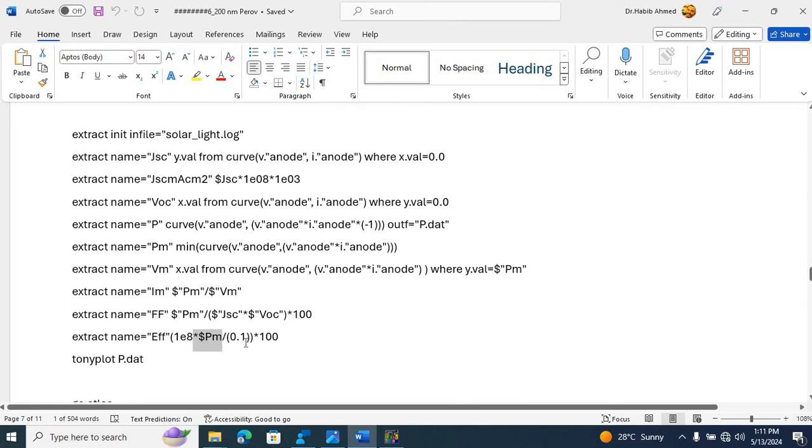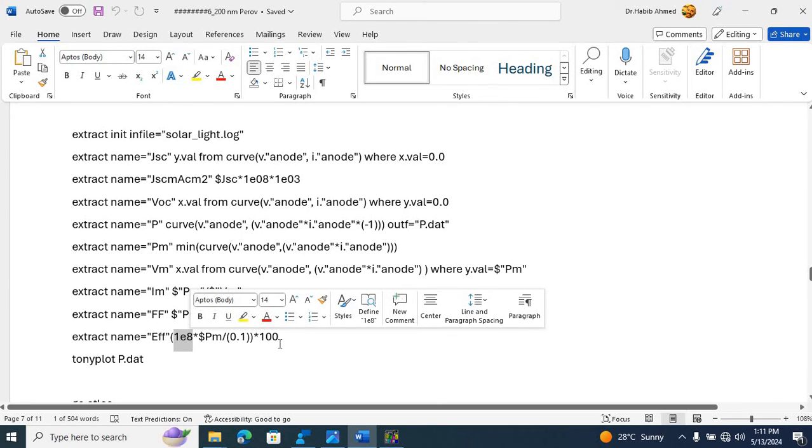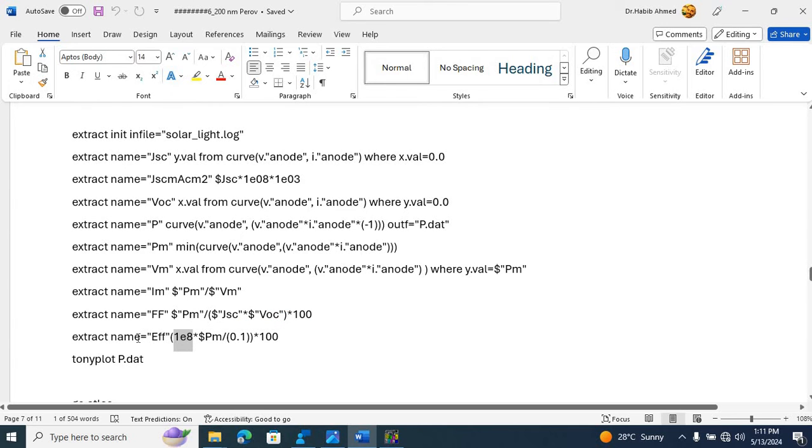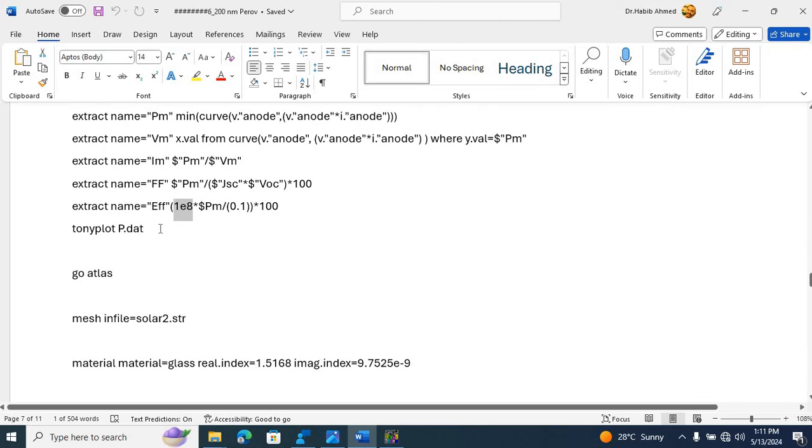And then its area is 1 micrometer into 1 micrometer, you can say 10 to the power minus 4 into 10 to the power minus 4 centimeter square. Take it to the numerator, it comes out as 10 to the power of 8, into 100%. So this is going to give us the efficiency of the perovskite solar cell. And then we plot the power curve as well.